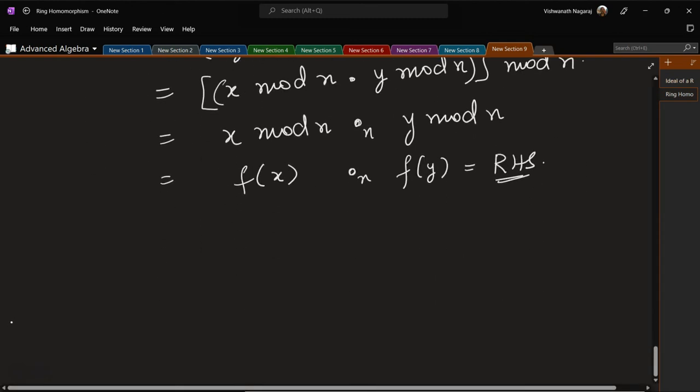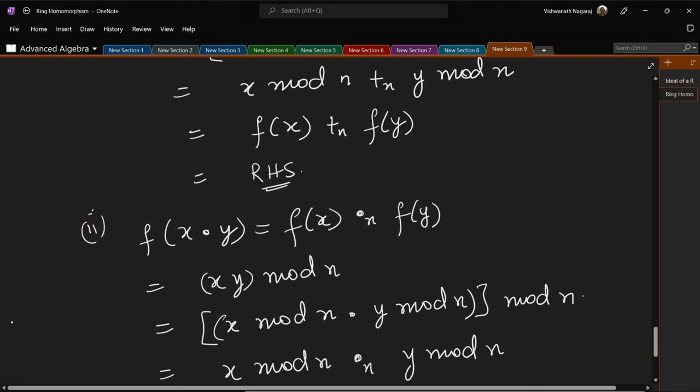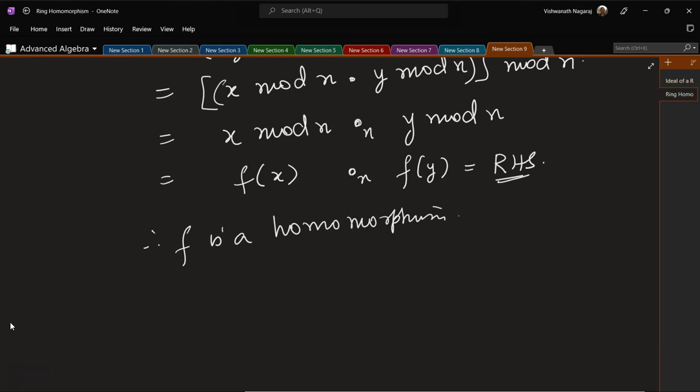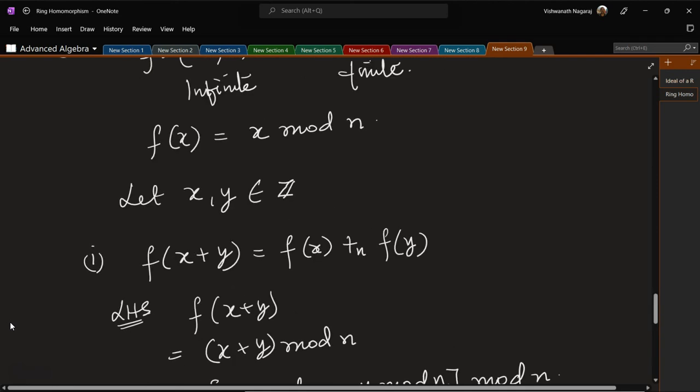So here again, f is a homomorphism. Now in case of modular arithmetic, remember, this mapping would not be one-to-one, because you get classes of elements. Multiple elements from Z will map to the same element of Zn.